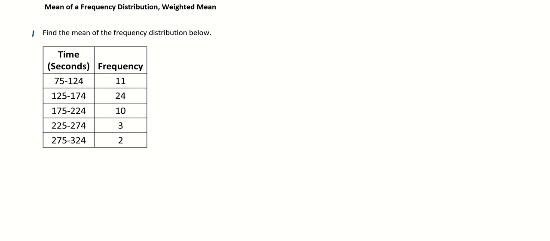In the textbook, we're given this formula. X bar, which means the sample mean, equals the sum of f times x, divided by the sum of the frequencies.